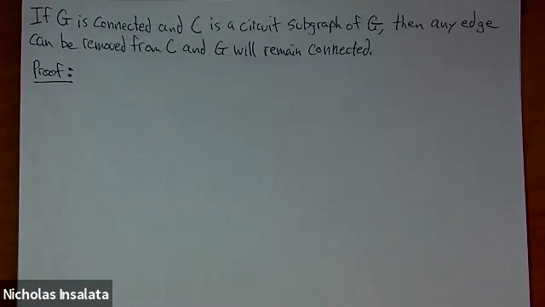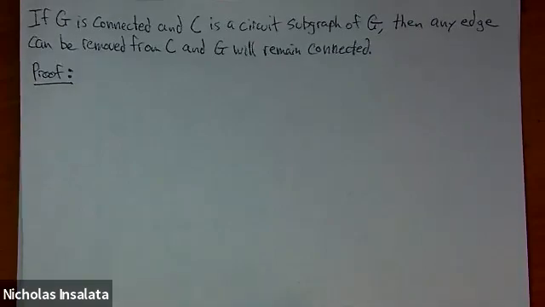Okay, because C is a circuit, there are at least two ways, so greater than or equal to two ways, to connect any two vertices on that circuit. If we remove one edge, there's still one way to connect A to B. Okay, perfect. So let's just be careful about our labeling here, because I think that's going to be the hardest part, is just labeling everything.